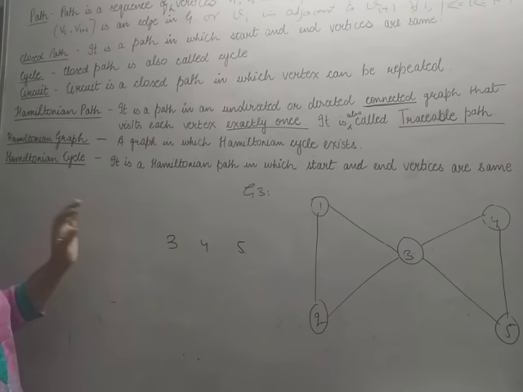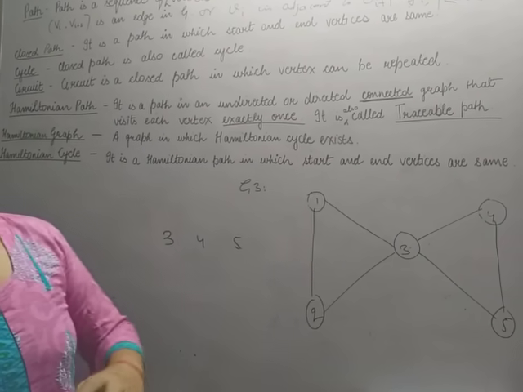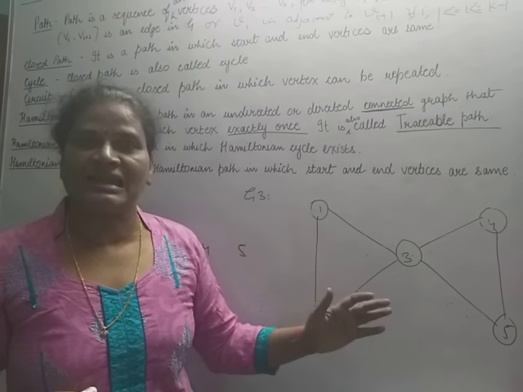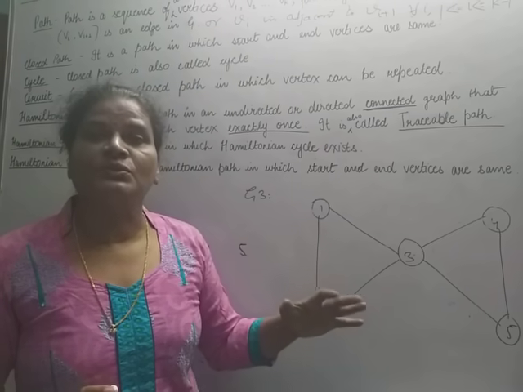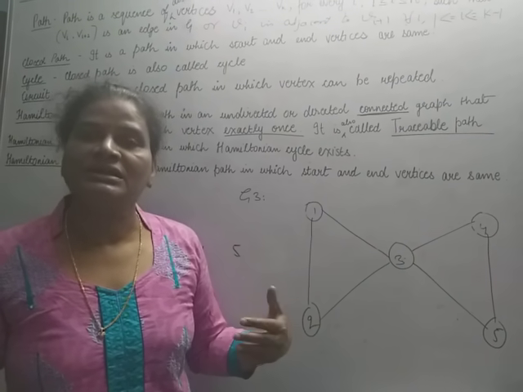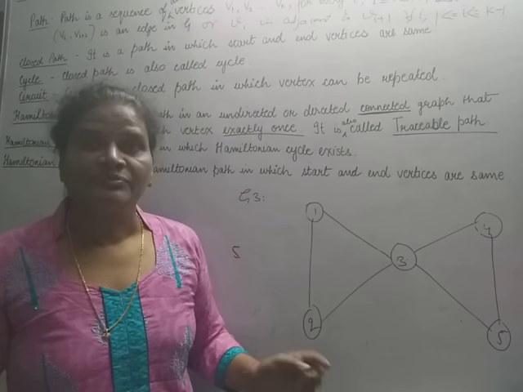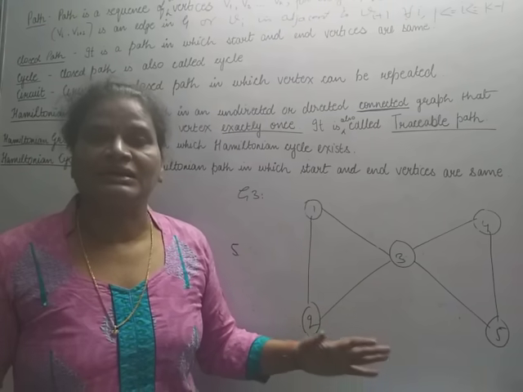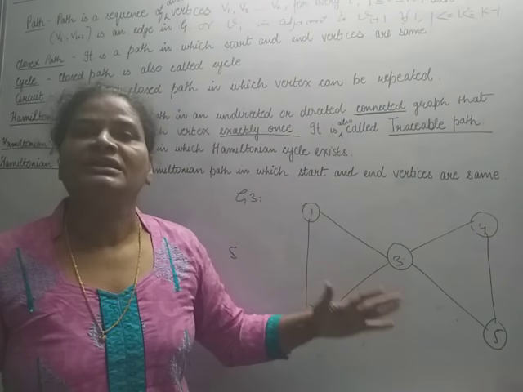Similarly, the Hamiltonian path in which the first and last vertex are the same is called a Hamiltonian cycle. A Hamiltonian cycle is also called a Hamiltonian circuit, and a graph possessing a Hamiltonian cycle is called a Hamiltonian graph.